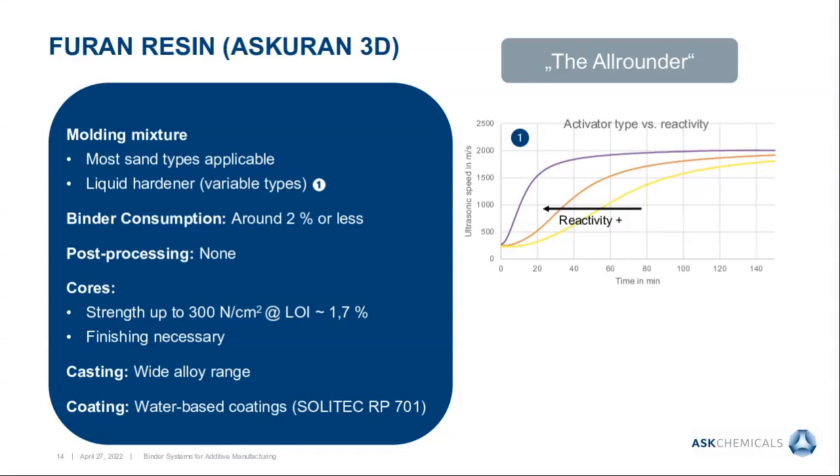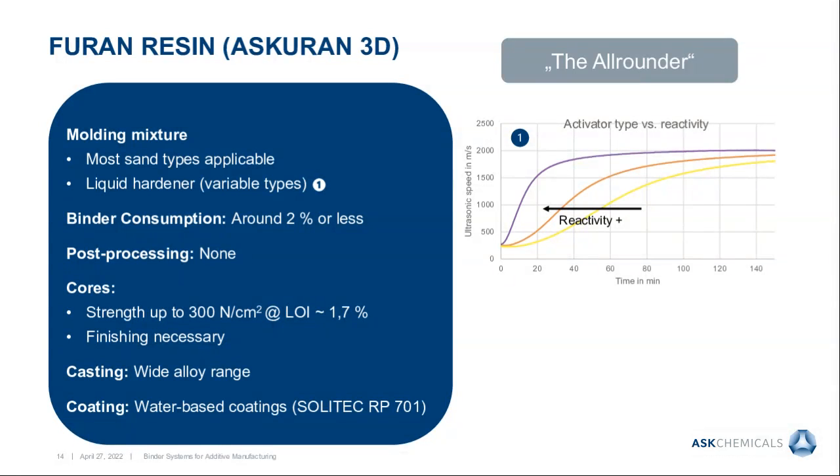So on the left side, you can see a graph which shows the hardening speed of different systems, where the activator is used to adjust the reactivity of the system and therefore adjust the process times necessary.